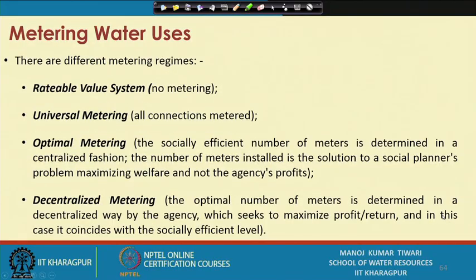So, there are different regimes for metering water use. There is a ratable value system where no metering is done, then there is universal metering where all connections are metered, then there is optimal and decentralized metering where an efficient, optimum number of meters is calculated and installed.